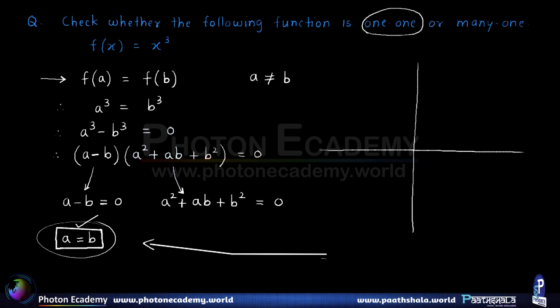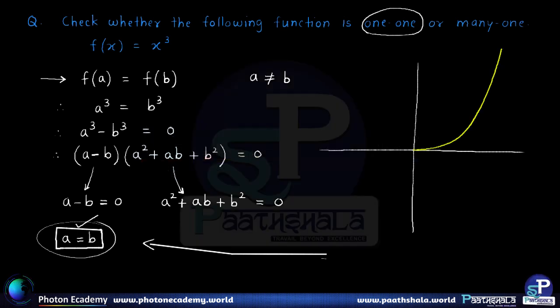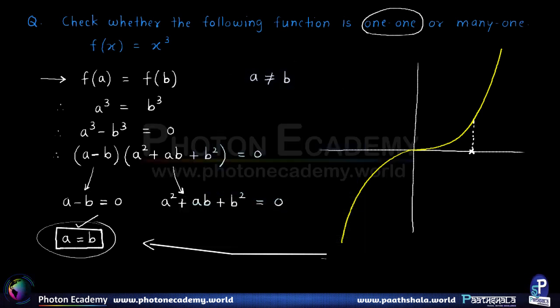If you see the graph of the cubic function, on the positive side it will go on increasing like this, and on the negative side it will go on decreasing like this, right? Now if the function is 1-1, it means that for only one value of x, we will get a particular value of y. Or in other words, there are no two values of x for which we get the same value of the function f of x.